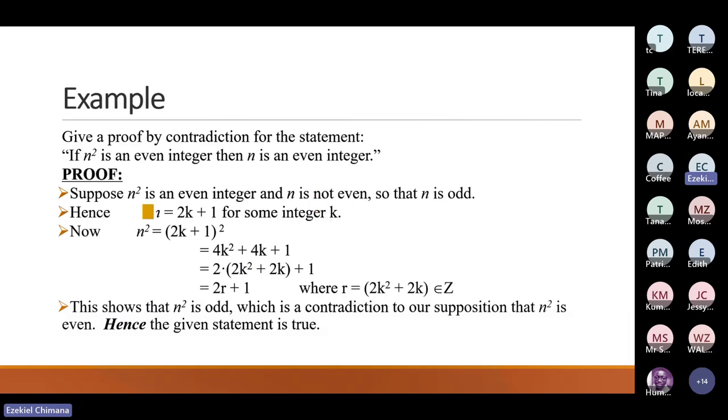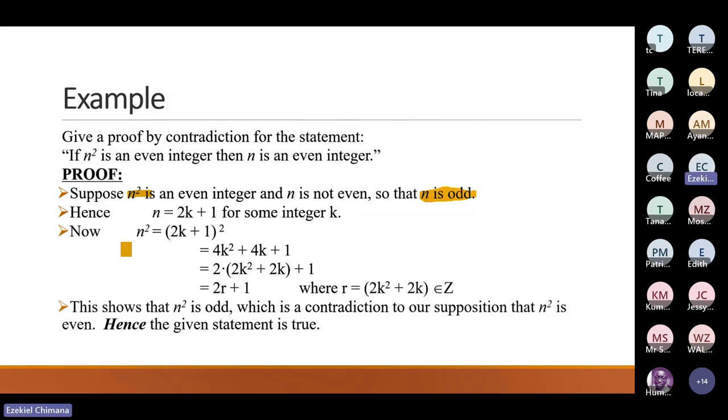So suppose n squared is an even integer and n is not even, so that n is odd. You see what we are saying? We are supposed to prove that if n squared is even, then n is even. But here we are going to flip that and try to show that if n squared is even, then n is odd.